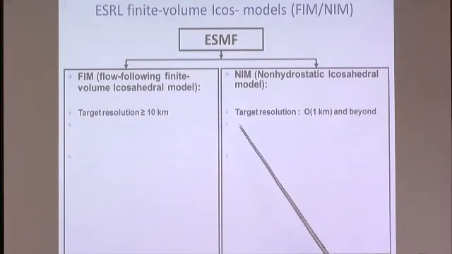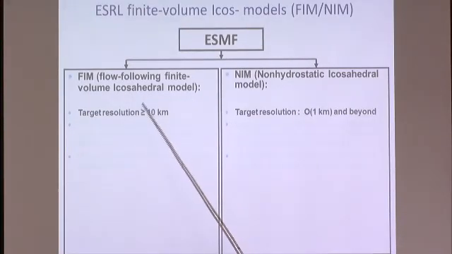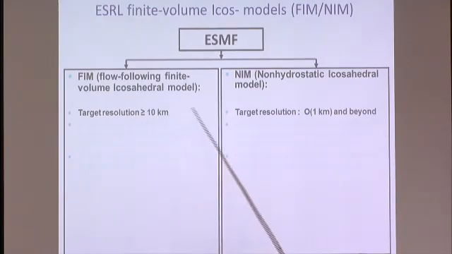First, we developed a finite volume icosahedral model, FIM, hydrostatic, with a target resolution of 10 kilometers, and then after FIM, we will extend this to 3-dimensional non-hydrostatic. So I will give you more explanation of how we do this.